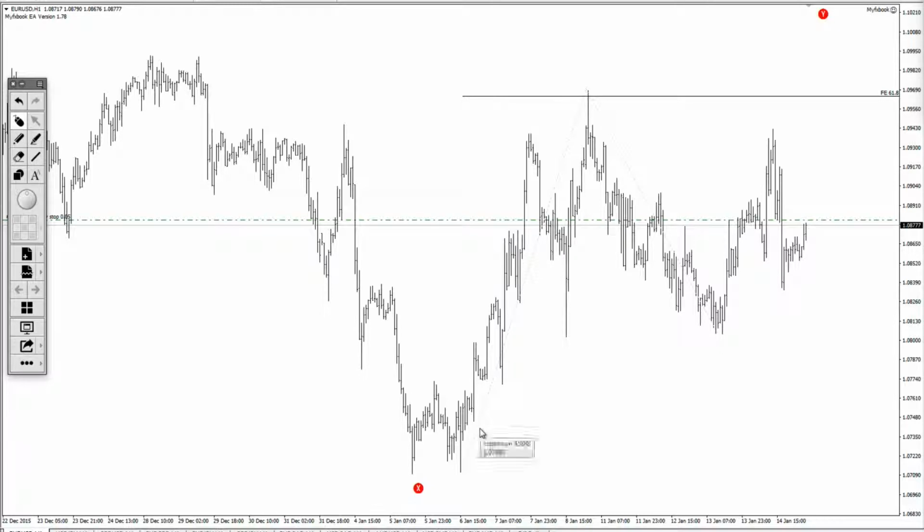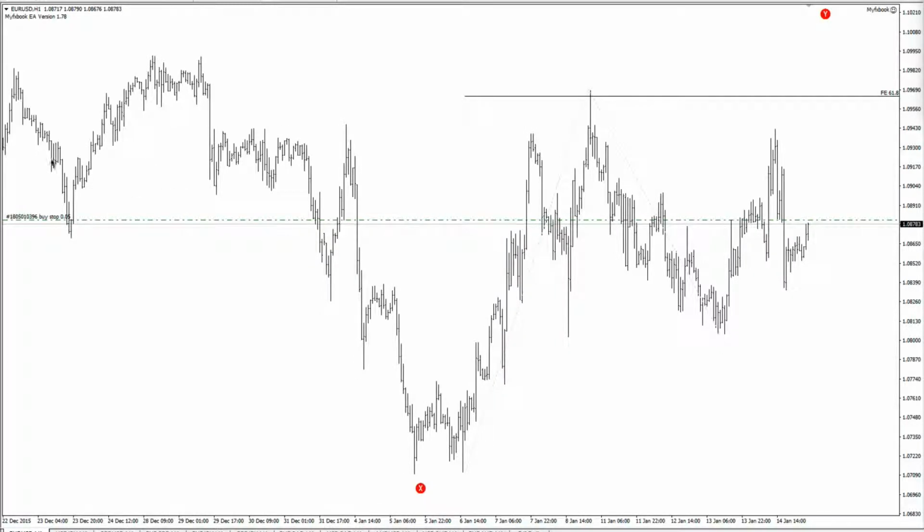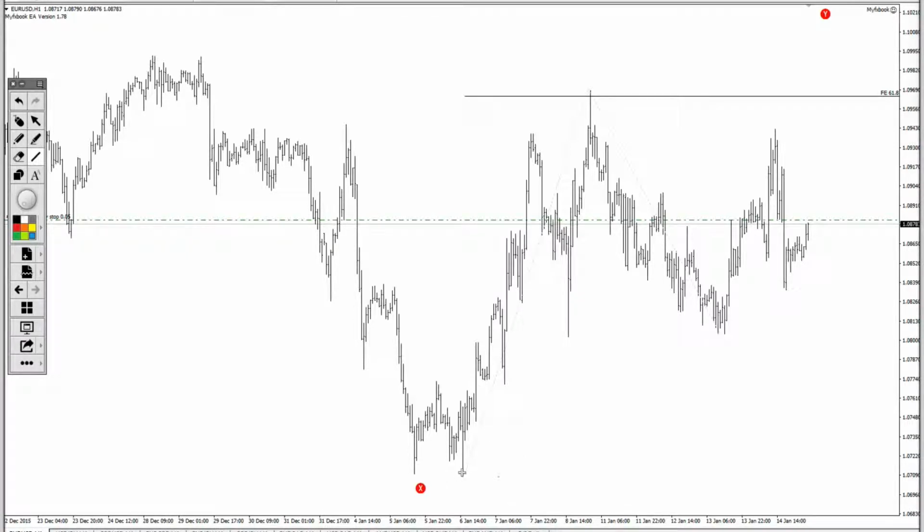Let's draw it here so it's more clear. This tool measures the relationship of this wave and compares it to this wave, which is now forming.